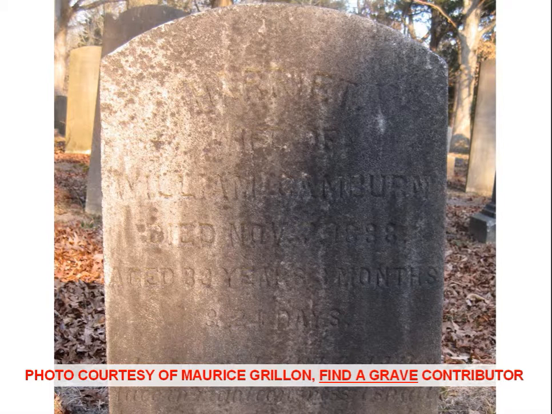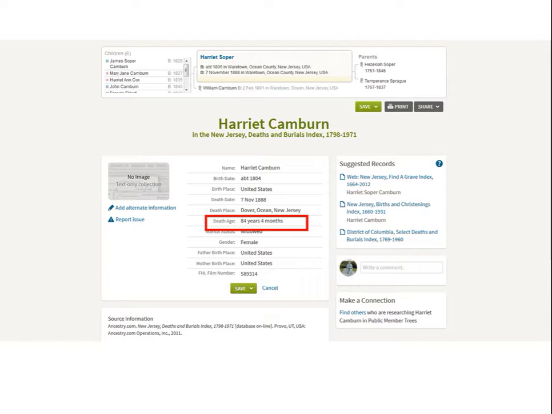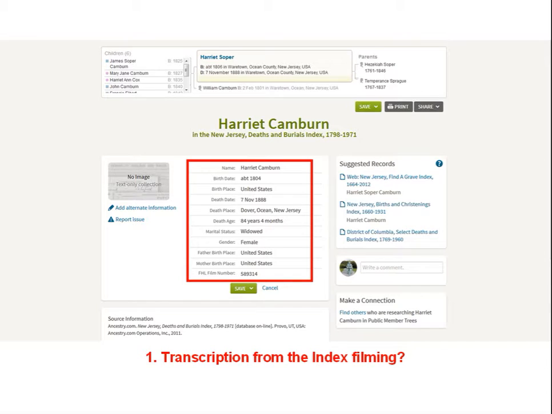Now again, 83 years, 3 months, and 24 days on her headstone disagrees with what the death index transcription says. We need to pay attention to this particular document, this record uploaded to Ancestry. It is a transcription of the index.